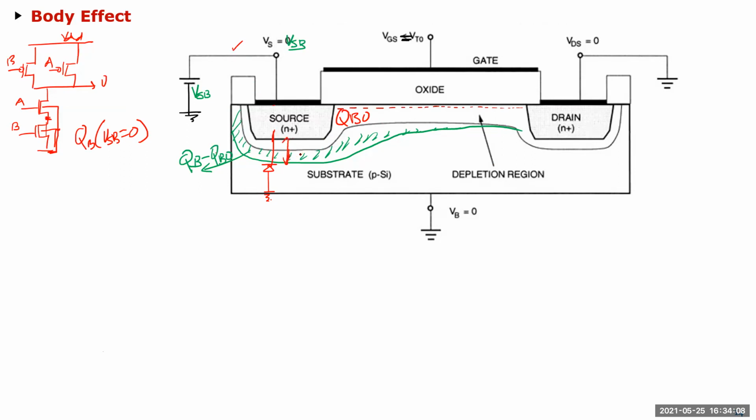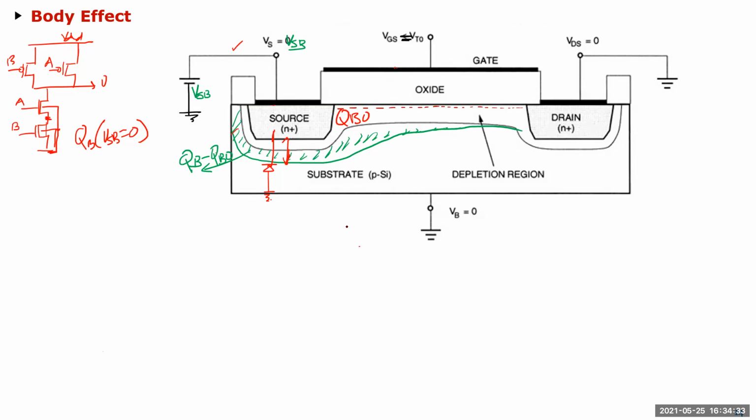Because you remember we did the junction diode where you apply the reverse bias voltage, this junction area will increase, which means that you have this extra charge now. So that extra charge will result in what I need to do on the gate to keep the channel potential back to 2φF, right?